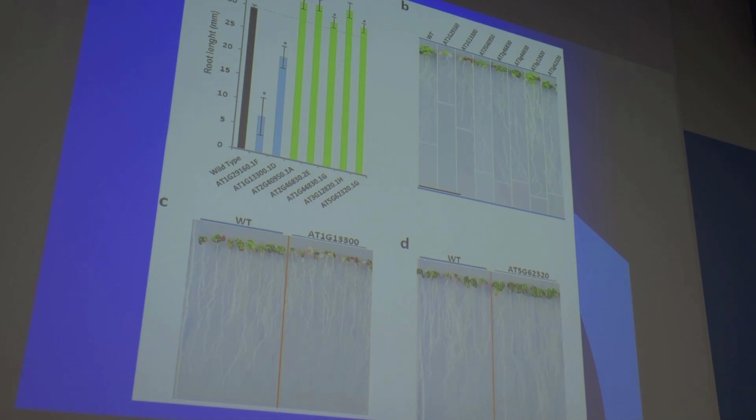And then we constructed several transgenic lines in which we blocked the expression of a specific gene. This is a very tiny, small perturbation because you have 22,000 genes, so in the transgenic line only one gene is blocked.